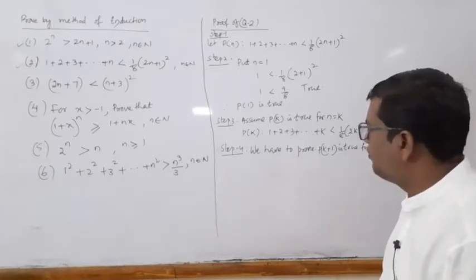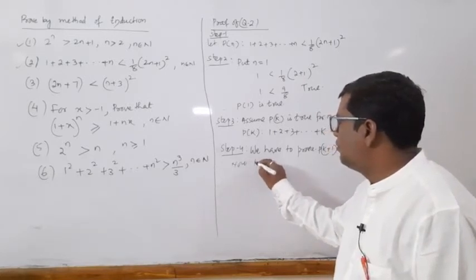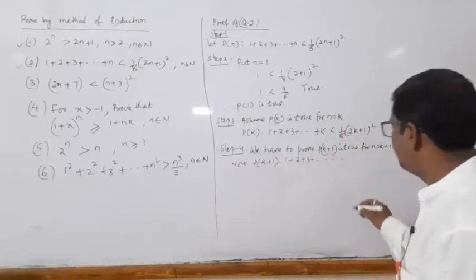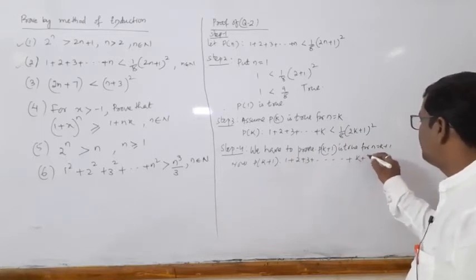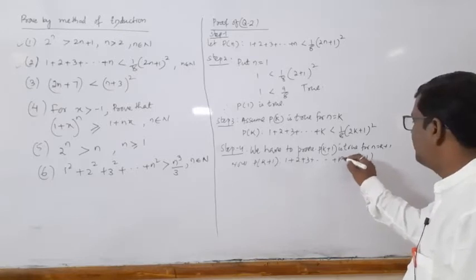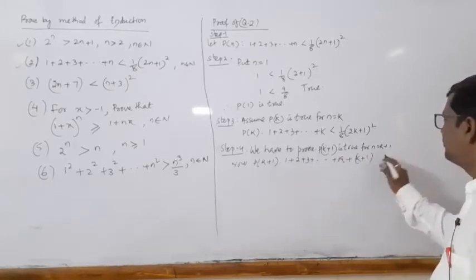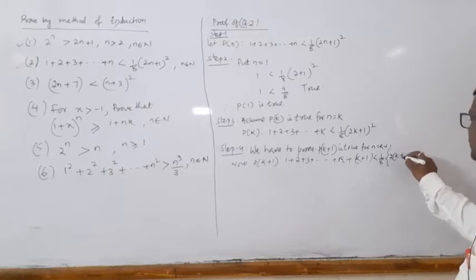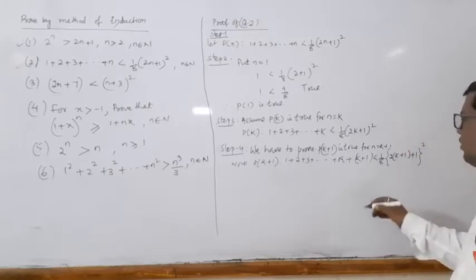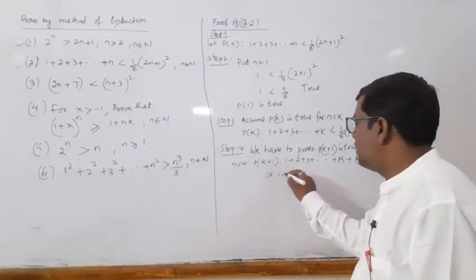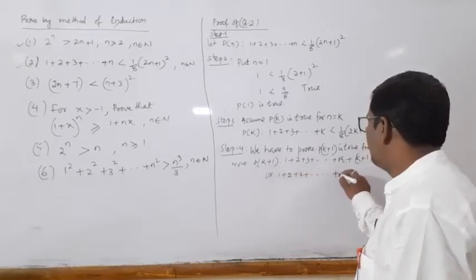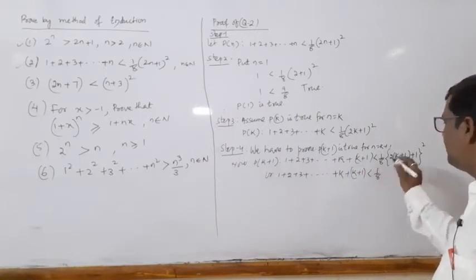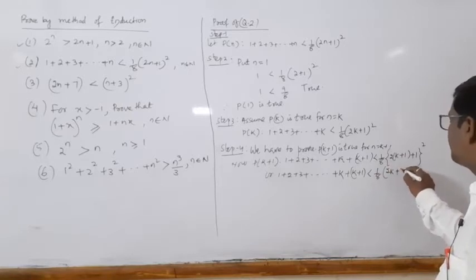Now P of k plus 1 is such that 1 plus 2 plus 3 plus dot dot, the last term is k plus 1 and its previous is k, is less than 1 by 8 into (2 into (k plus 1) plus 1) whole square, or we can write 1 plus 2 plus 3 plus dot dot up to k plus k plus 1 is less than or equal to 1 by 8 (2k plus 3) whole square.